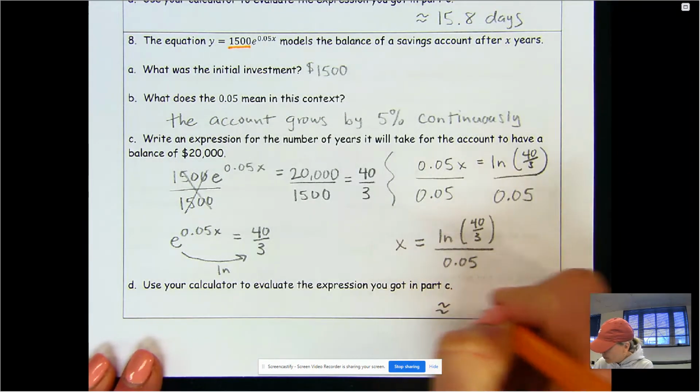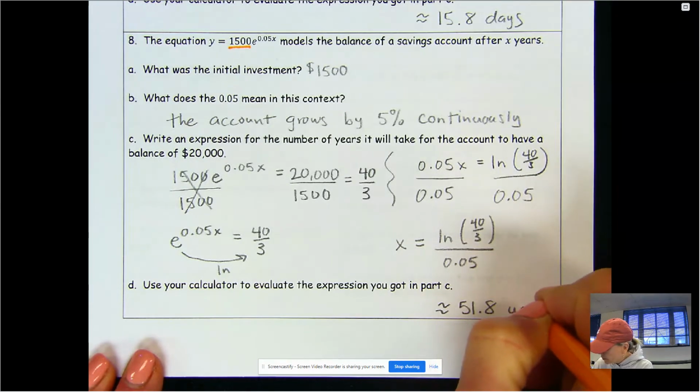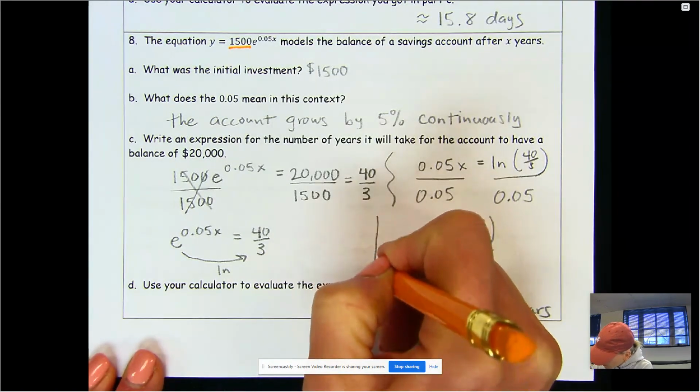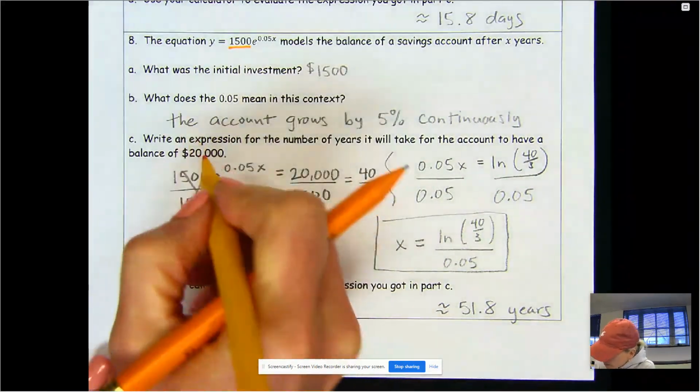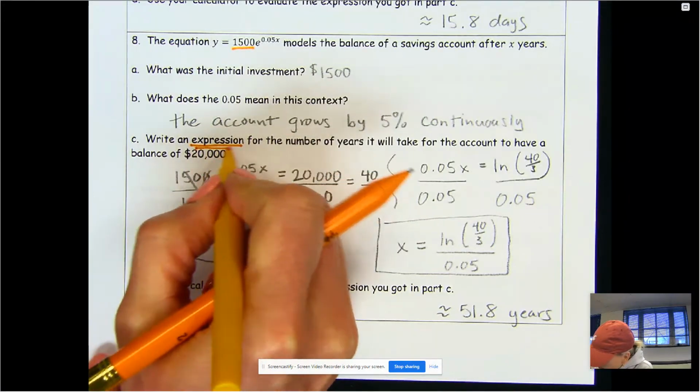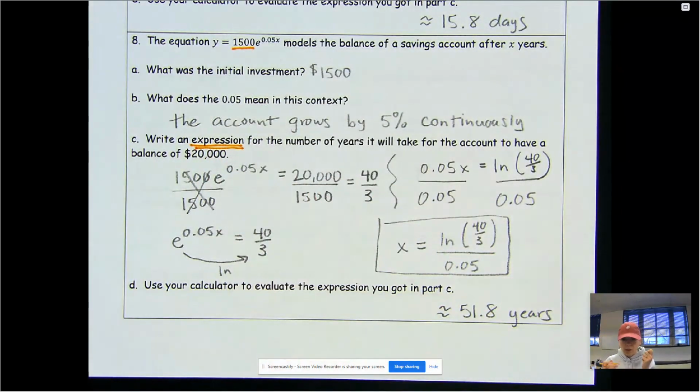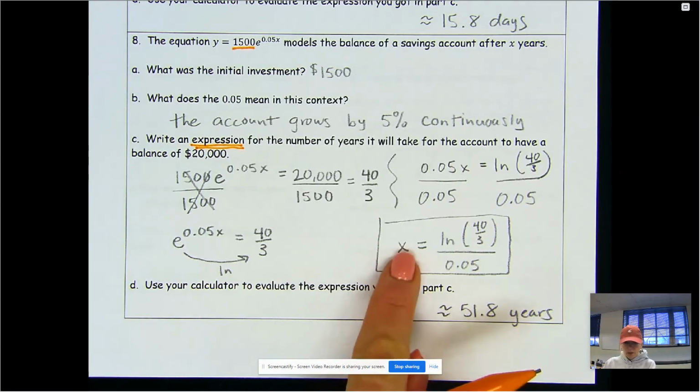So about 51.8 years. Okay, so this is the final answer for the expression, right? This says write an expression. It doesn't say to find the actual value. It says write an expression. So this is the expression.